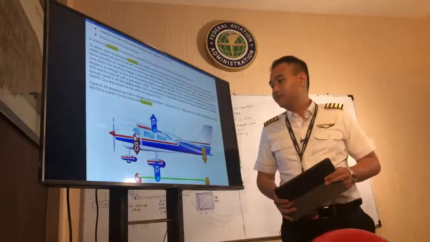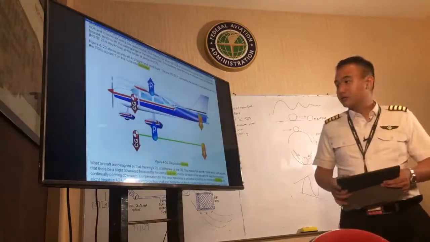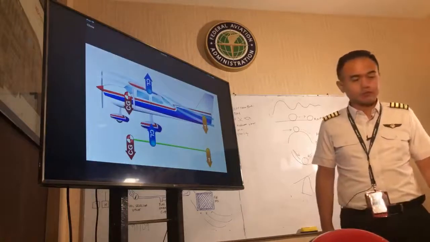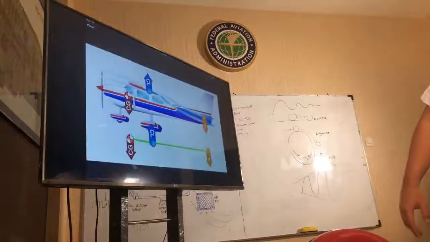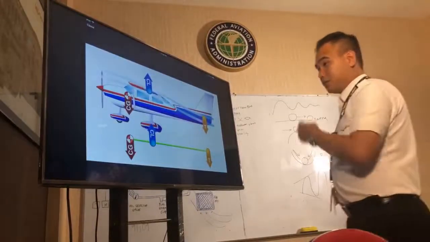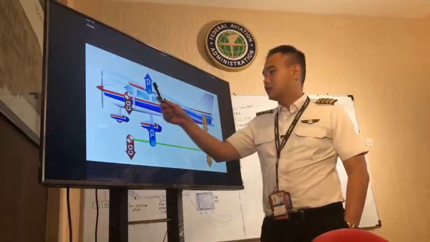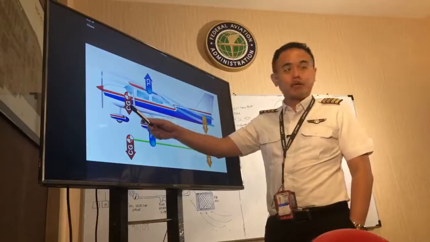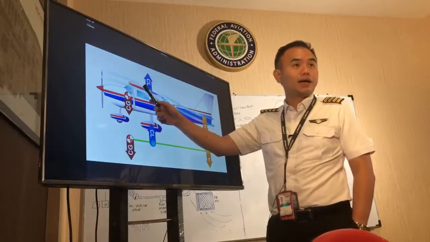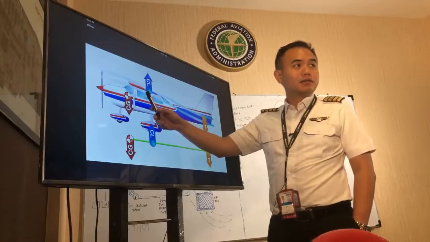So here's the key. If you see the airplane here, take a look. In airplane design, they always put the center of gravity in front of the center of lift. Always. Why? To make it balance?